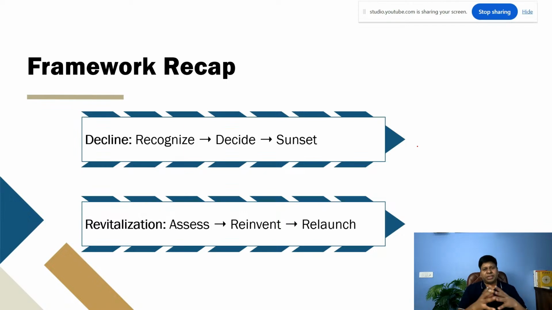There may be a number of strategies, almost 10 strategies we discussed, right? So whenever we are at a declining phase, it's not a time to be worried. It's a time to be cautious and to pivot with your purpose. Purpose may be sunset, purpose may be revitalization.